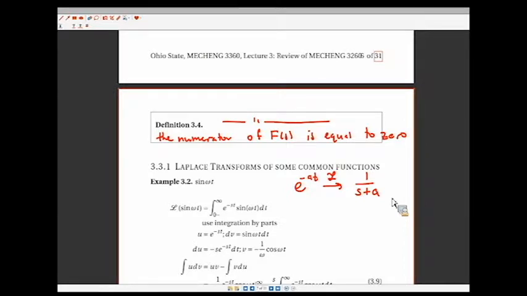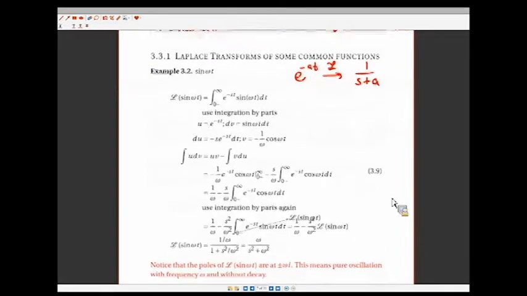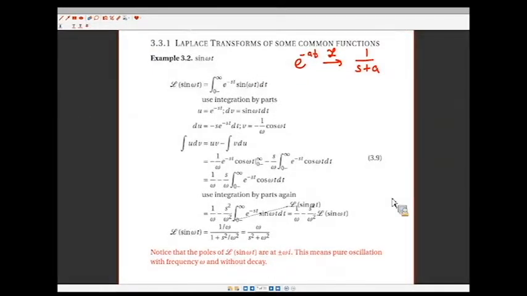If we look at the pole of this Laplace transform, the pole is negative a, right? That's the value of s such that the denominator is equal to 0. This Laplace transform does not have a zero, right? There's no value of s such that the numerator is equal to 0. Just going through some simple ones, this is all in the notes. I'm not going to go through this. This is an example of how you would take the Laplace transform of sine omega t.